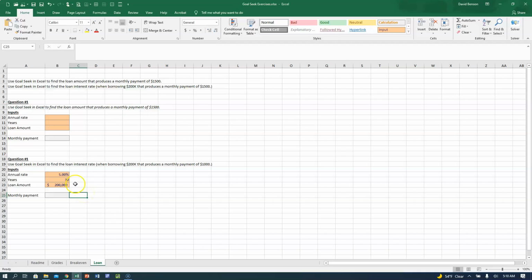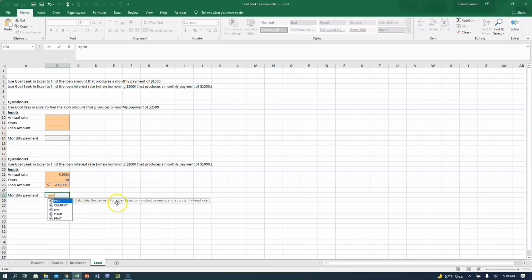Then in order to calculate a monthly payment, that way we can use GoalSeek to say, how do we get it down to $1,000? So I'm saying, if I took out a $200,000 mortgage, a 30-year mortgage at 5%, Excel has a payment formula in it. I'm going to type in PMT.